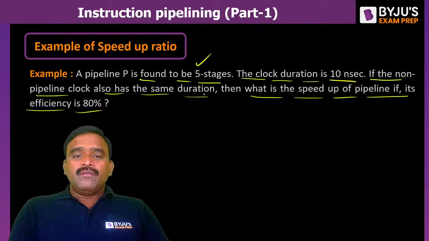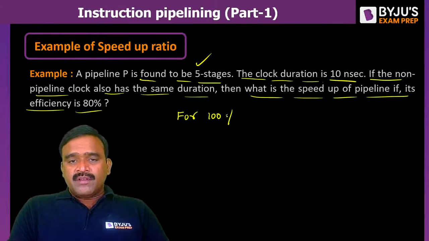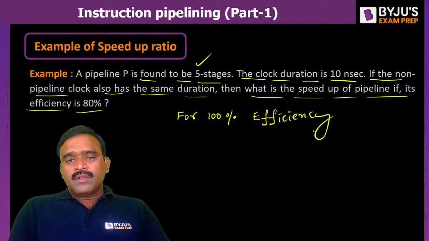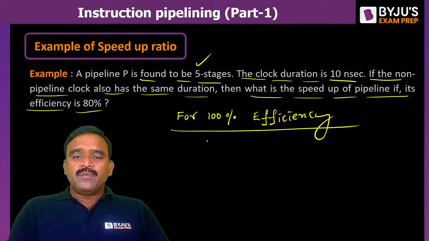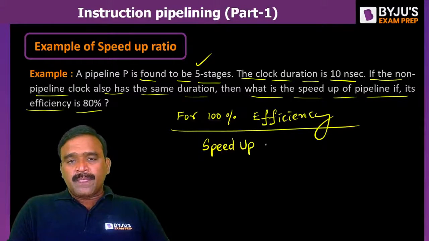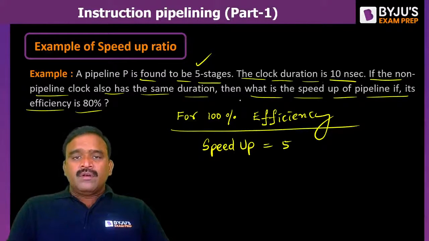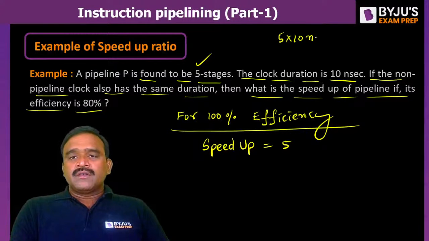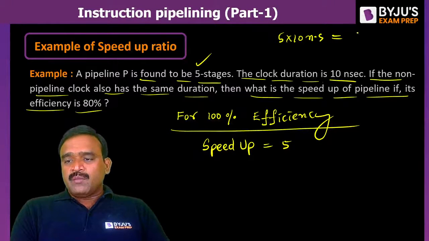Usually for 100% efficiency, what is the speed up? For 100% efficiency, speed up is equal to 5. How is the speed up equal to 5? Can anybody tell me? Because there are 5 stages, and every stage takes 10 nanoseconds, so one instruction execution time is 50 nanoseconds.